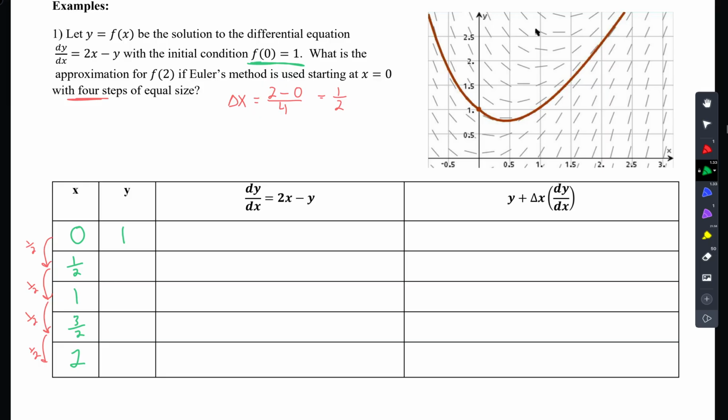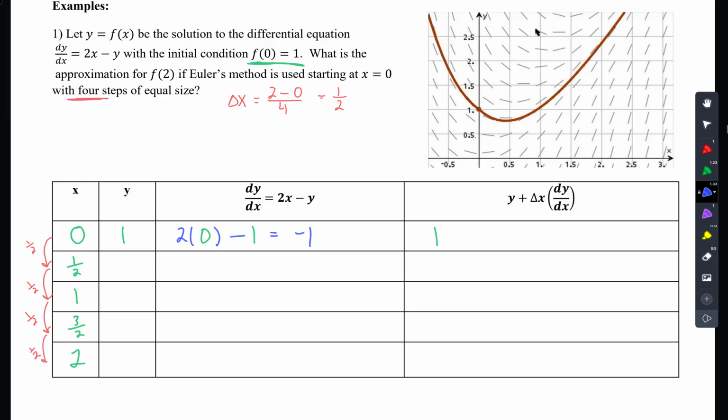So you take these numbers and plug them into the rate formula. You're going to be doing 2 times 0 minus y. Okay, and then you're going to get your rate, which is going to be -1. Now to get your new population, you take your y, so that's your initial, 1.